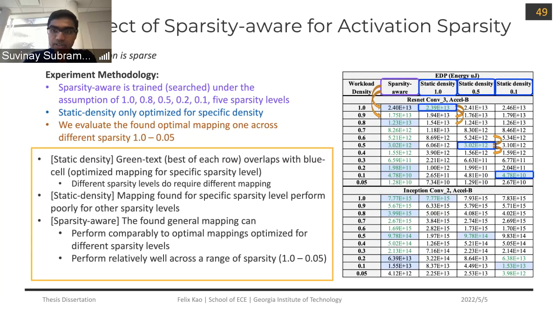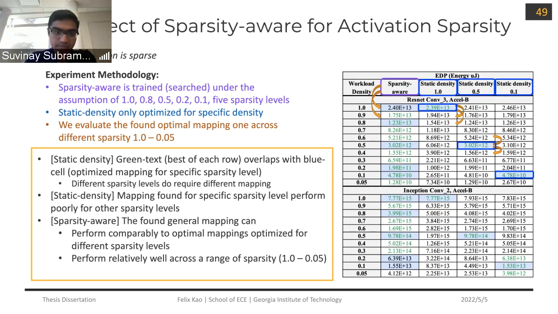Do you have any thoughts on what the sparsity aware one is doing differently, or is there any particular dimension of the map space that is more sensitive to sparsity, or more resilient across different sparsity levels? Just like you had the analysis that tile order is what matters the most, or that's where you get the greatest performance differential. Even over here, this particular dimension is quite important to effectively target different sparsity regimes. Got it. Yeah, thanks.